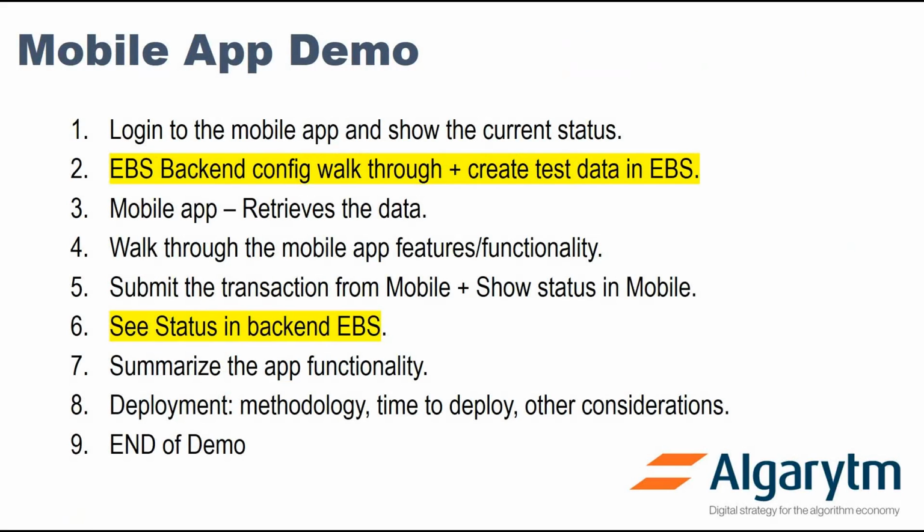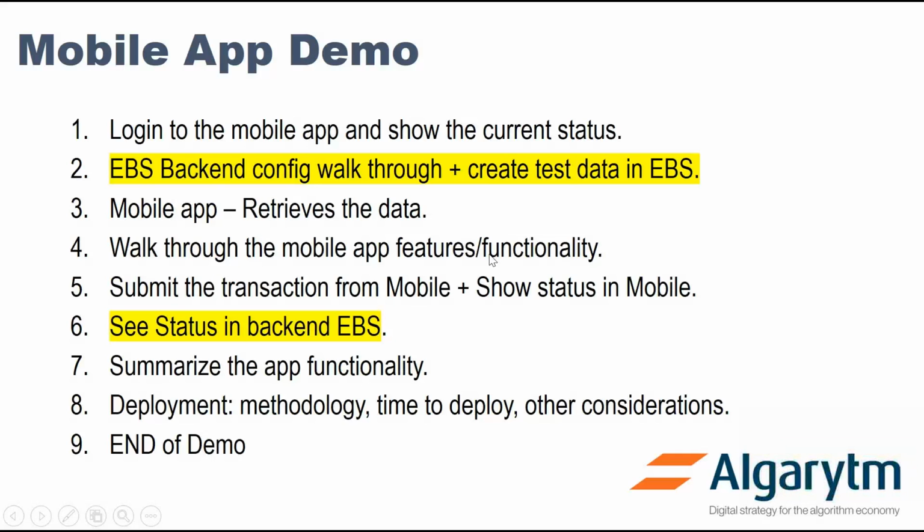These are the high-level steps that we will walk you through for the demo. First, we will log into the mobile app and show the current status, and you will see no AP invoices when we log in. And we will go to the EBS system, walk you through the configuration we have done, and create test data in EBS. We will come back to the mobile application, and it will show the test data.